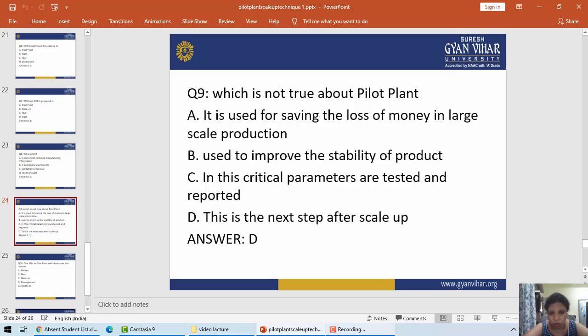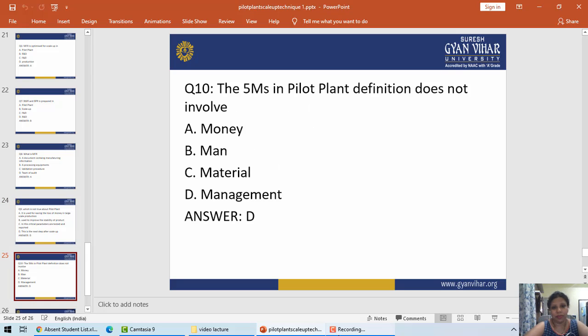This is the next step after the scale up, so the right answer is D. Next, the 5 M's in pilot plant definition does not include. We have discussed that in the first class, where we studied the plant. The 5 M's included in the plant are money, man, material and management. If you think over it, management is not there, right?